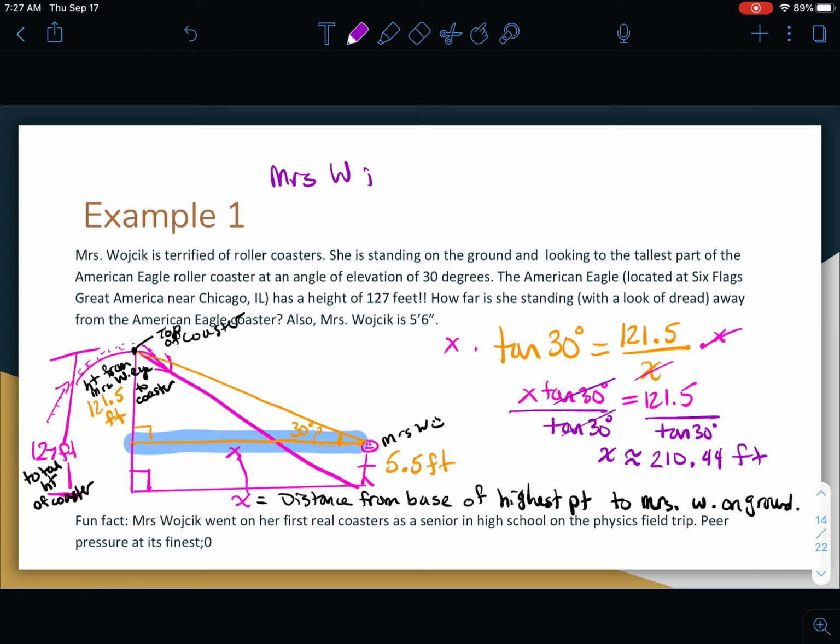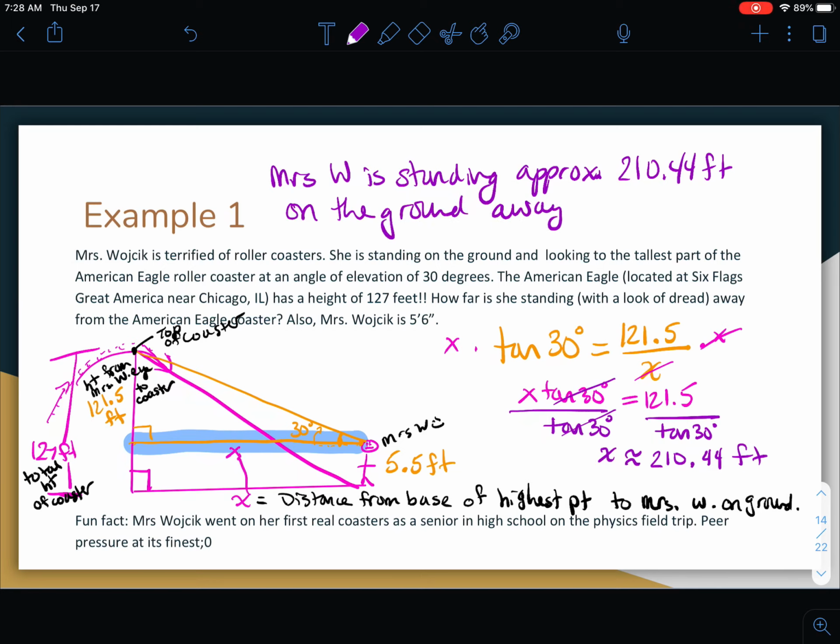Now we are going to answer this in a sentence. So, Mrs. Wojcik is standing approximately 210.44 feet on the ground away from the base of the highest point of the coaster.